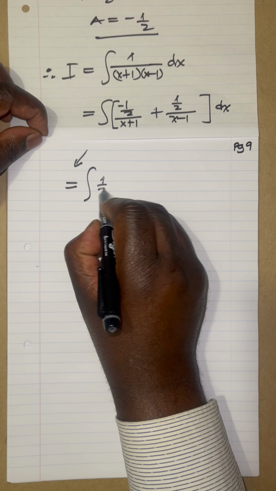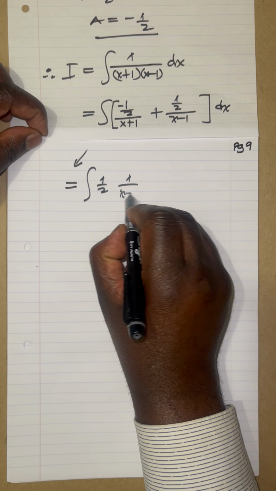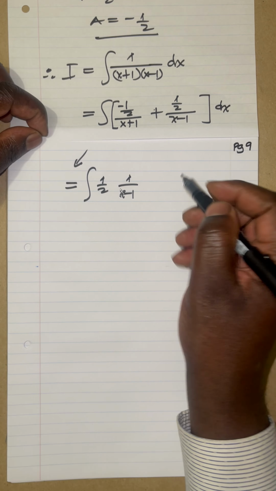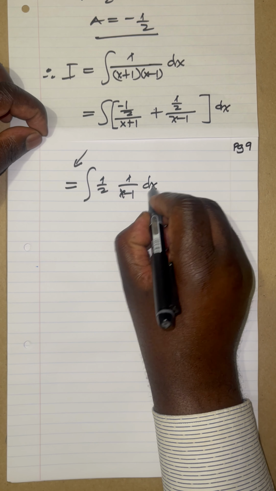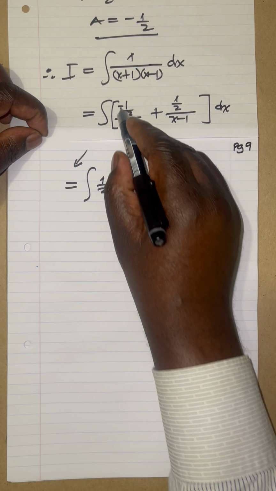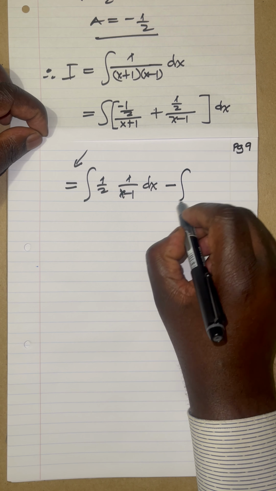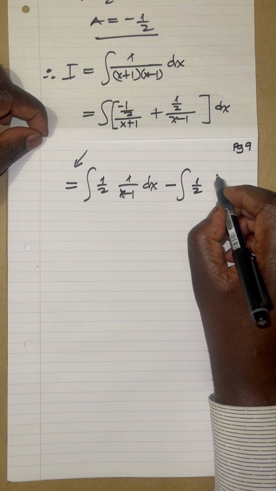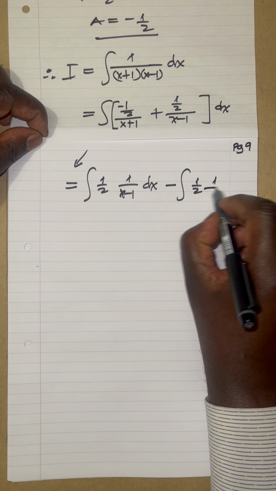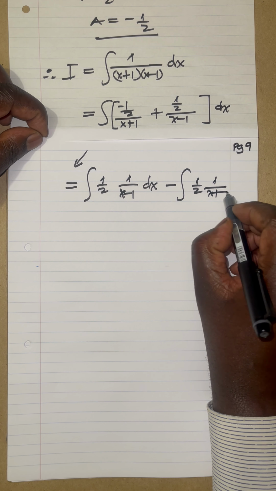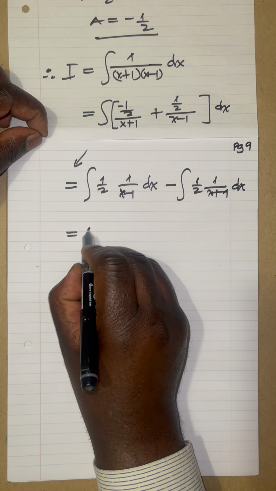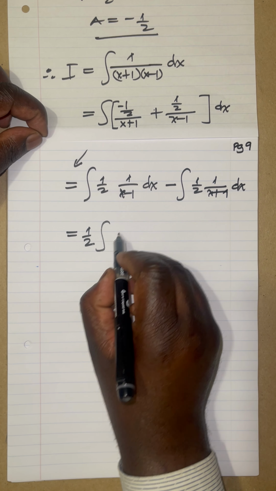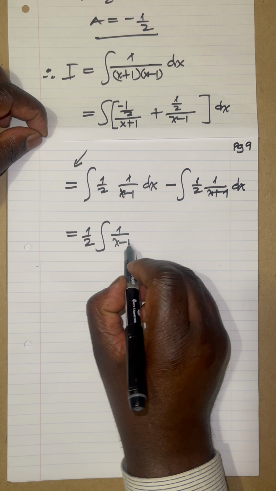So let me just say half, 1 over x minus 1, and that's that part. And I'm distributing dx there. And then I'm going to say minus, because that's a minus there. And I'm going to say half, 1 over x plus 1 dx. Now taking the half out. So this is 1 over 2, and that's what I wanted to do. The integral of 1 over x minus 1 dx.